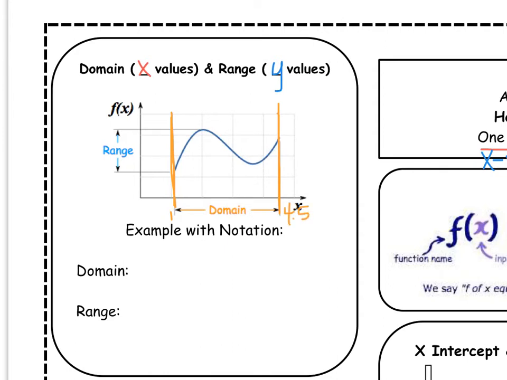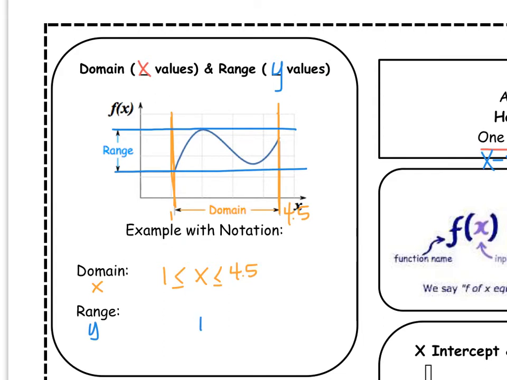So if we're going to write that domain, and again the domain are our x values, using function notation, our x values are smaller than 4.5, and they include 4.5, and they're bigger than 1, and it also includes 1. We can do the same thing for our range, and again our range is our y values, so the range is how far up and down the y-axis does our function go.